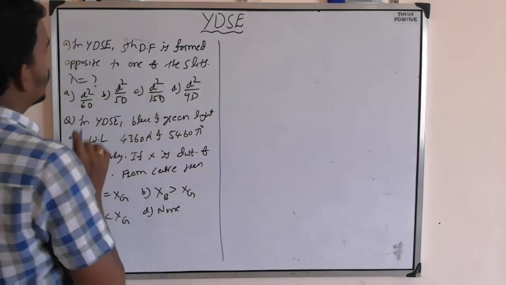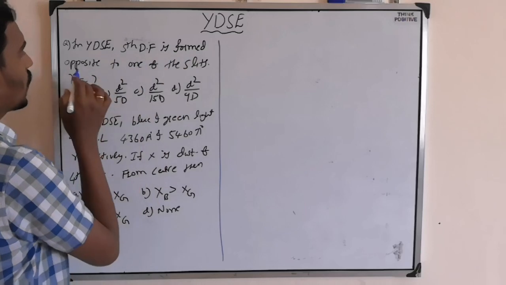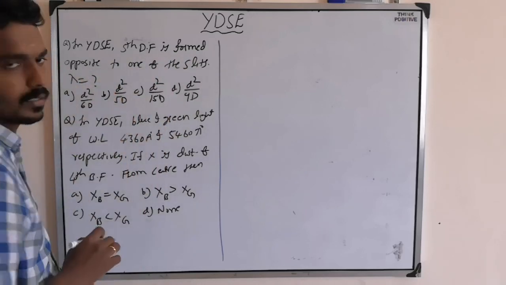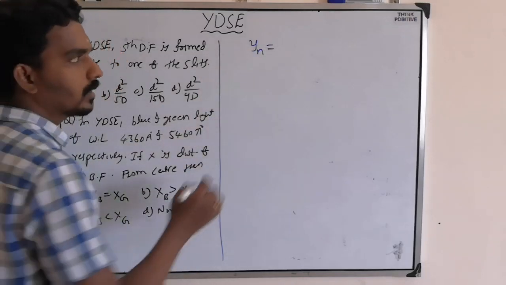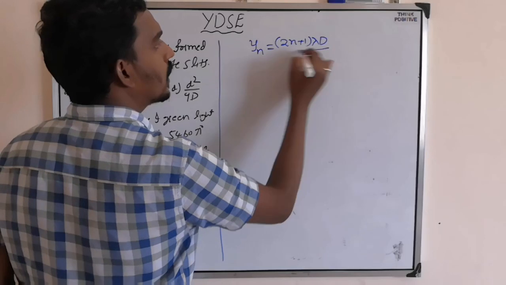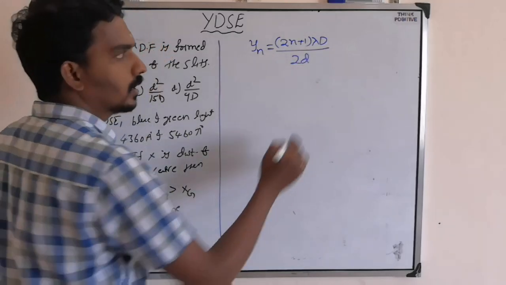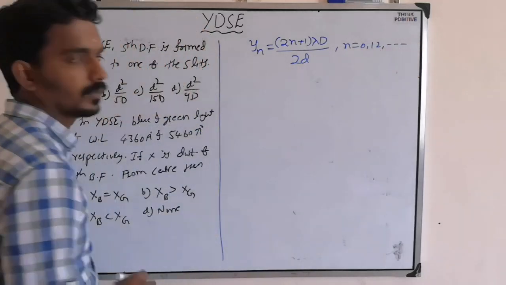So here in Young's double slit experiment, the fifth dark fringe is formed opposite to one of the slits. When they say dark fringe, immediately the distance of the nth dark fringe is (2n+1) lambda D by 2d, where n equals 0, 1, 2, 3, and so on.